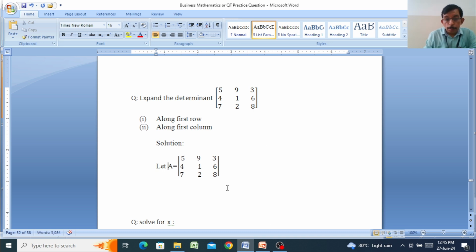Now solve A. Find the value of the determinant.